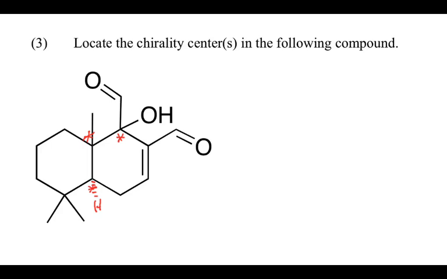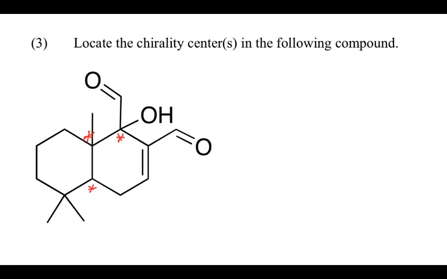But in a structure like this, you cannot tell. It could be either forward or backward. Does that make sense? You couldn't tell from this structure, unless I give you wedges and dashes for certain atoms, either the hydrogen or others, right? Does that make sense? Good question.